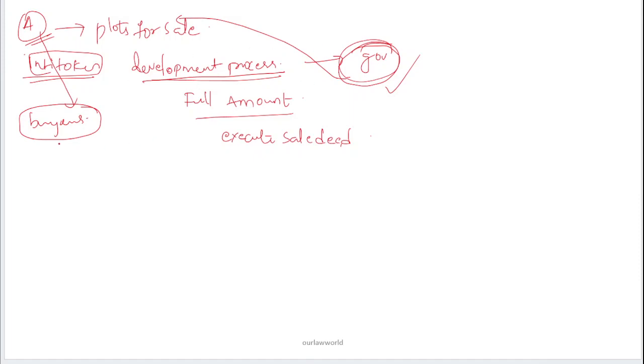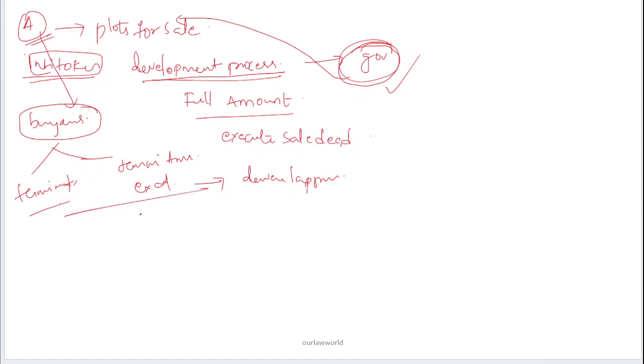In the meanwhile, we'll give you two alternatives: you can treat the contract as terminated and we will return the initial payment, or you can pay the remaining amount, we will execute the sale deed, but we will not continue the development of the layout. One of the buyers did not agree to this, so he is our plaintiff.